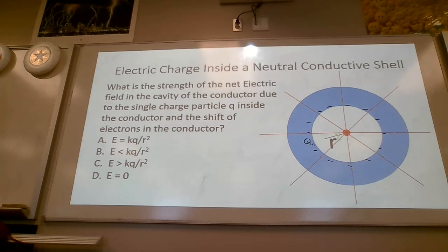So, what is the strength of the net electric field in the cavity, in the conductor, with the single charge particle inside the conductor? Have a conversation.